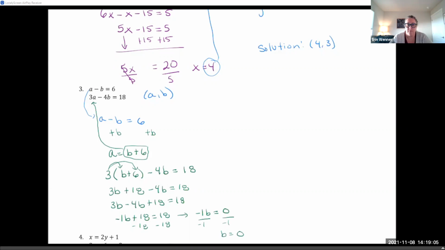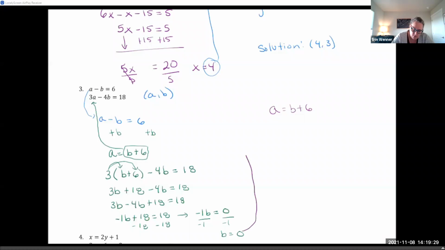When we go back up to look at which equation to put it into, it's going to be easiest to use A equals B plus 6, and the reason for that is A is already isolated. You have the 2 equations that we started with, and then that third equation to choose from. That's a totally fine equation to use.